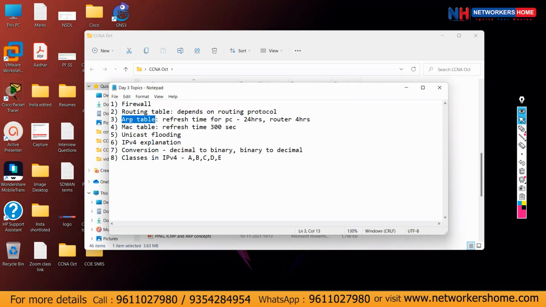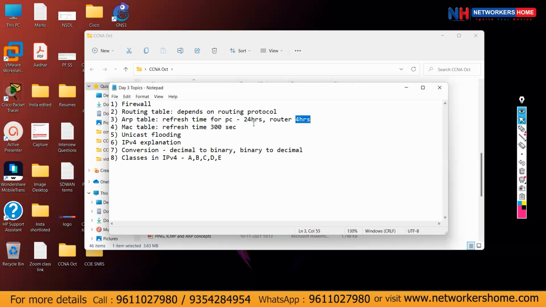Address resolution protocol. We will see what ARP table is when we discuss about ARP concept. Okay. Just know that these tables are present in a router. In a router, there will be routing table and ARP table. Okay. Refresh time for ARP table in a router is 4 hours.